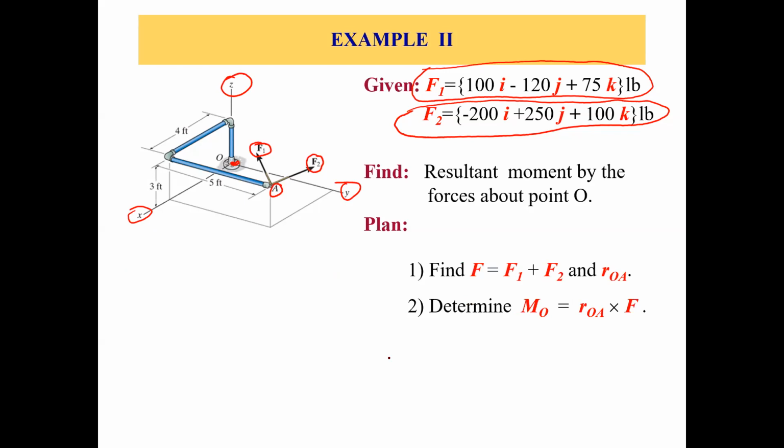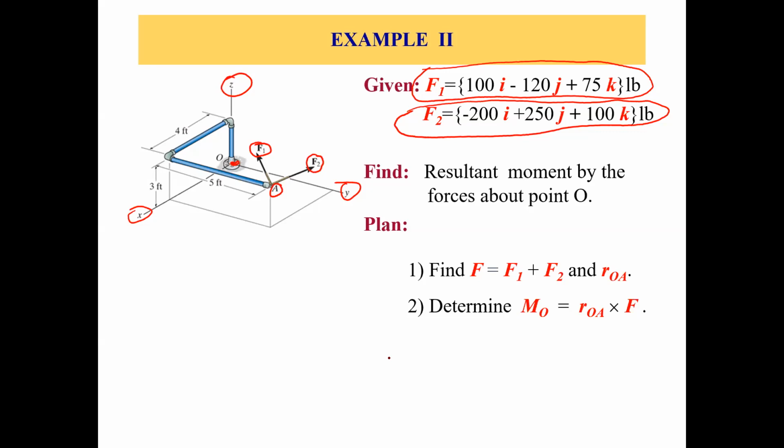So what are the steps? First, let's find the force F, which is F1 plus F2, because there are two forces and we don't want to do the analysis twice. Otherwise, we would find the moment due to F1, then the moment due to F2, and then add the two moments. Why lengthen the process?